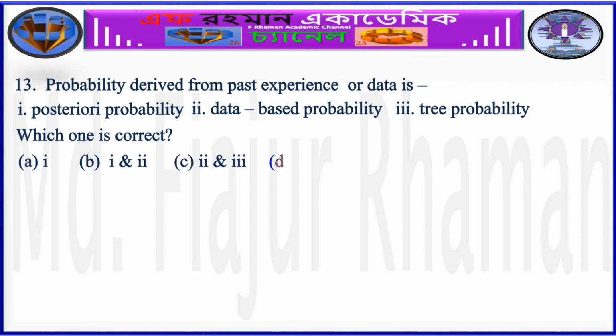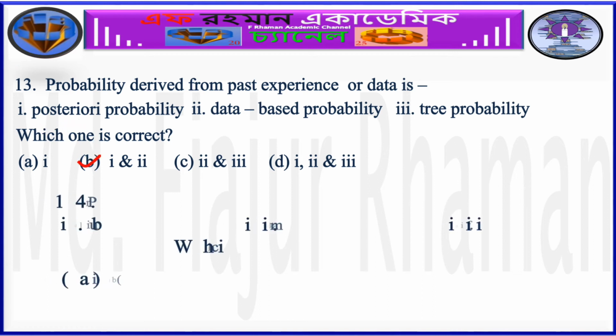A. 1. B. 1 and 2. C. 2 and 3. D. 1, 2 and 3. From the definition, tree probability is not correct here. That's why our answer is option B.